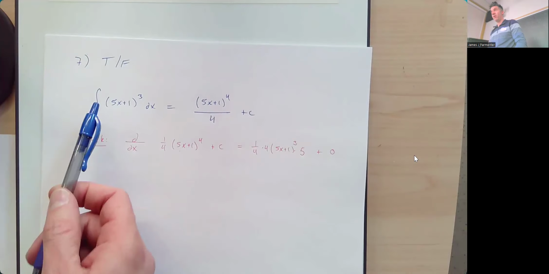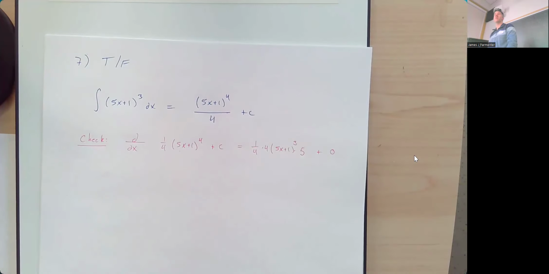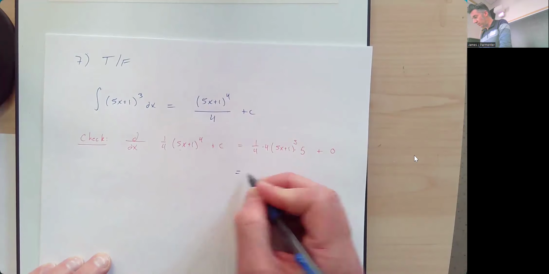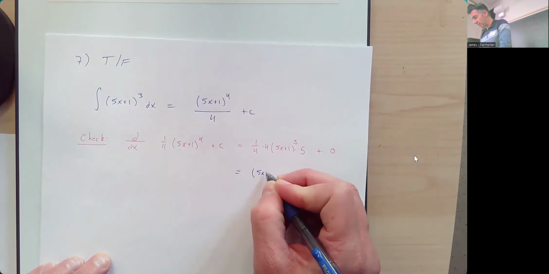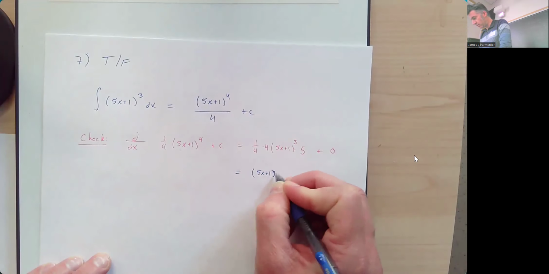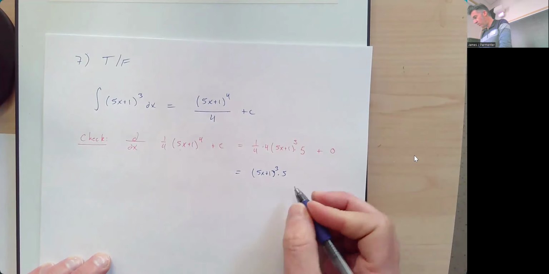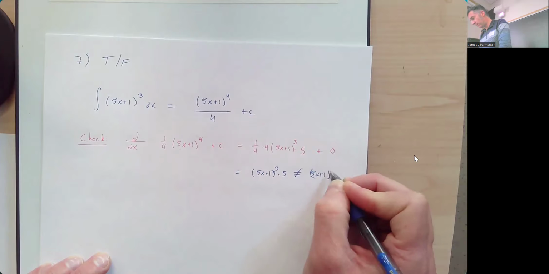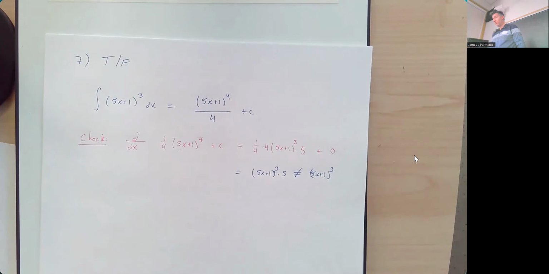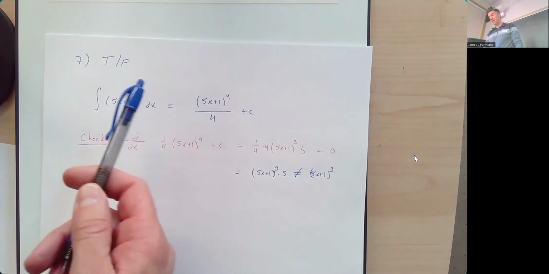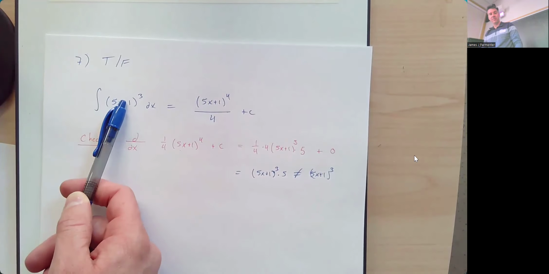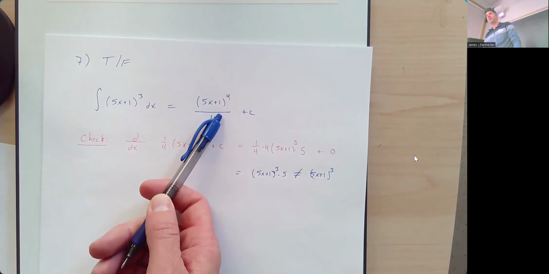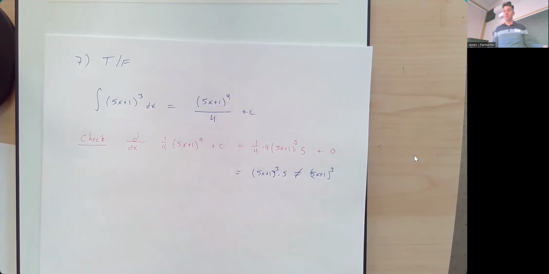Is that what I started with? No, I'm off by a factor of 5. This is equal to (5x plus 1) cubed times 5, which is not (5x plus 1) cubed. So since the derivative of this is not that, the antiderivative of this is not that. We have to have that two-way relationship.